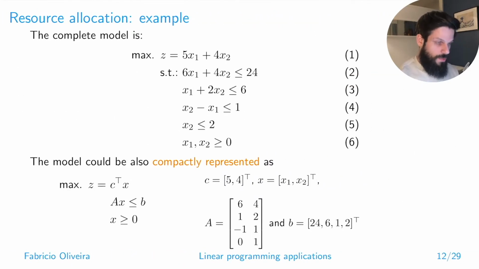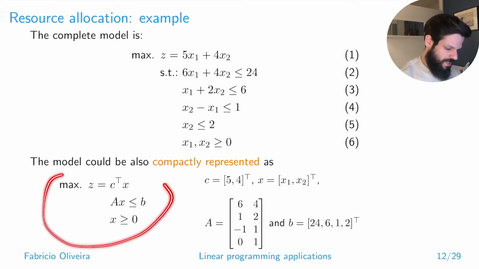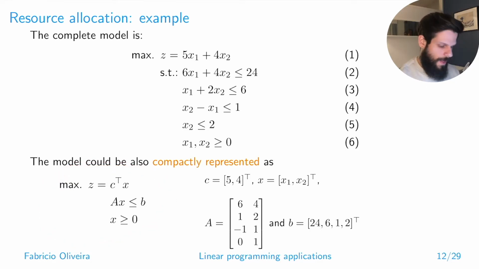And by the way, we can also still represent this in the compact resource allocation form we saw, because honestly, this can be basically any linear program you can possibly think of. The main difference is that I have my vector C just like so, but my matrix A, instead of looking like just 6, 4, 1, 2 like this, actually gets augmented to include these with a coefficient 0 for x1 in there.